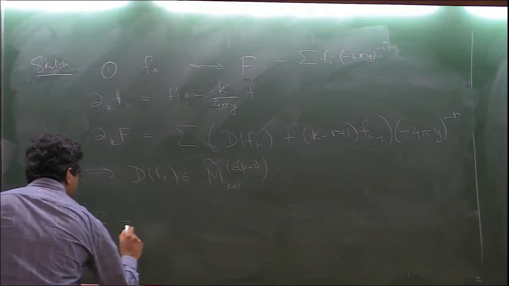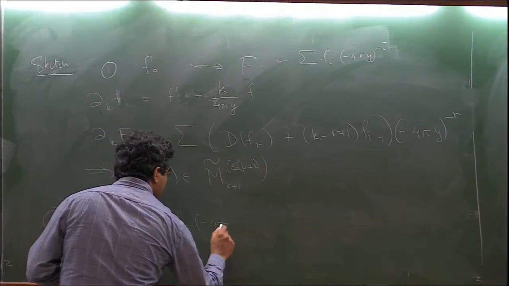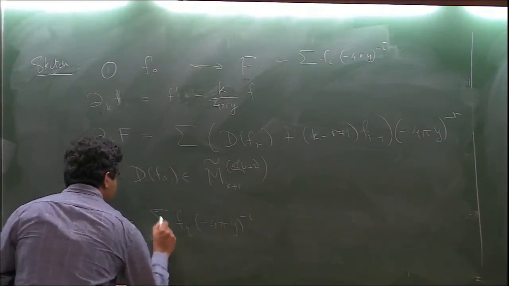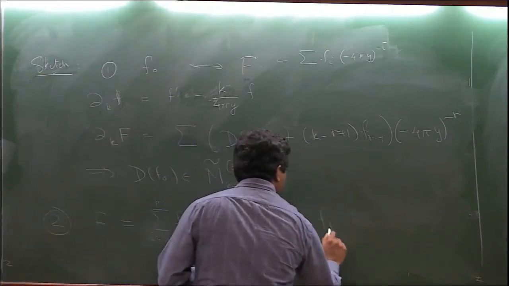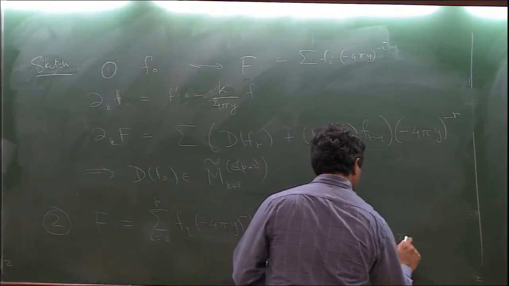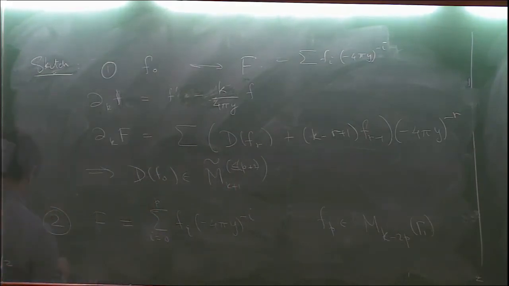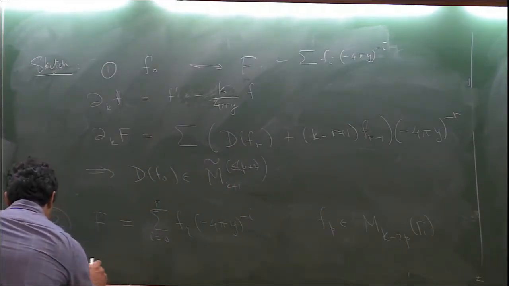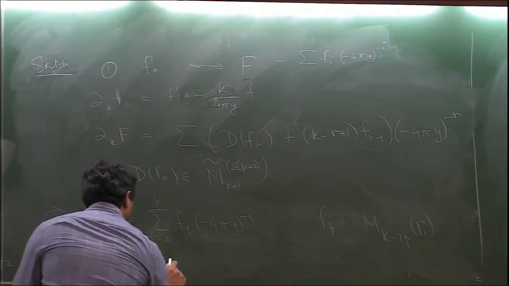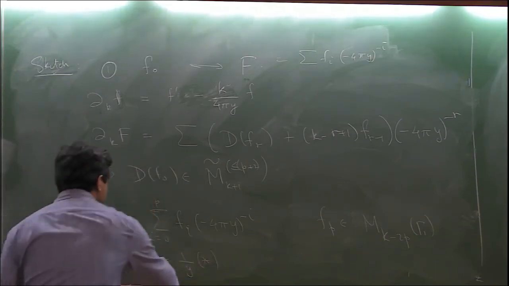So f is the summation of f_i times (-4πy)^(-i), i going from 0 to P, and f_P is in M_{k-2P}(Γ1). The fact that you have to use is that E2 star is E2 plus 1 over y times some coefficient. I don't care exactly what it is.